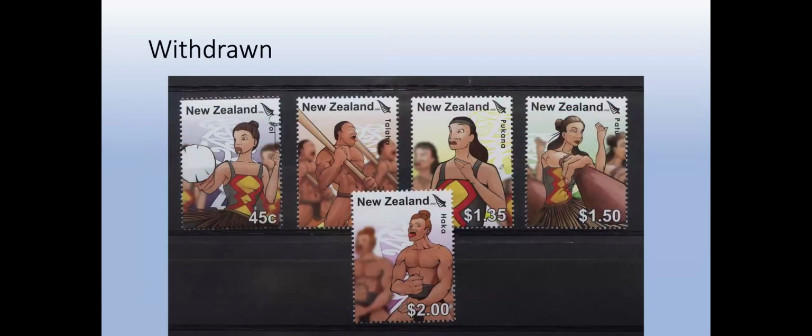A withdrawn issue. In 2006, New Zealand Post had these stamps designed featuring kapa haka, or Maori song and dance. And then a day or so before they were to be released to the public, complaints were made about the cartoonish quality of the images, and the stamps were officially withdrawn before they were issued.